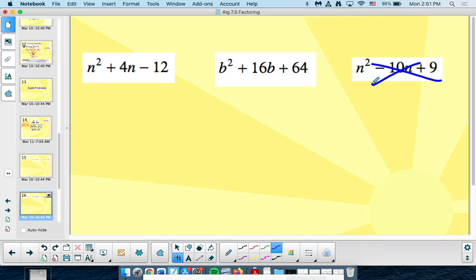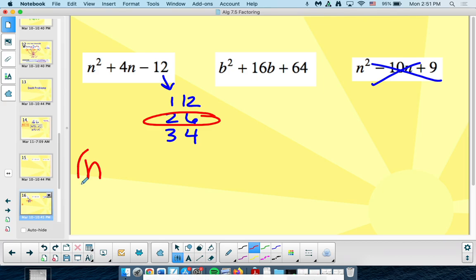Okay, I hope you paused your video. So on this first one, I'm thinking what multiplies to 12? Our options are 1 and 12, 2 and 6, and 3 and 4. And we're looking for ones that would have a combination of 6 or 4 when added or subtracted together. And I know that's this one here. So I'm going to have n.